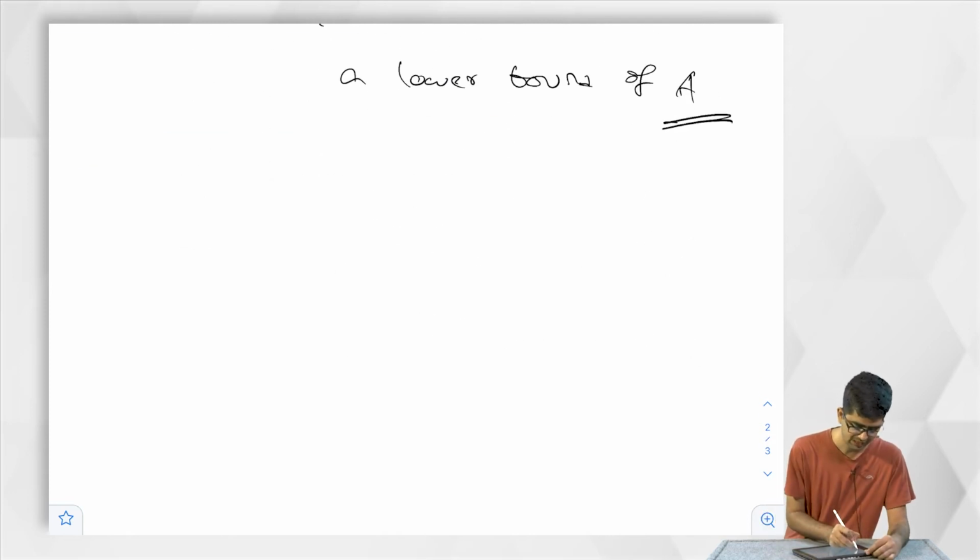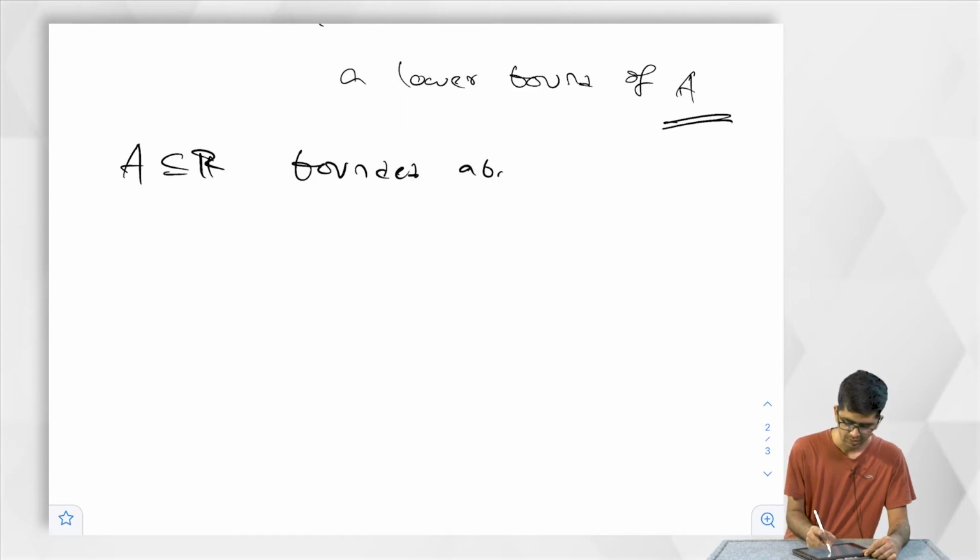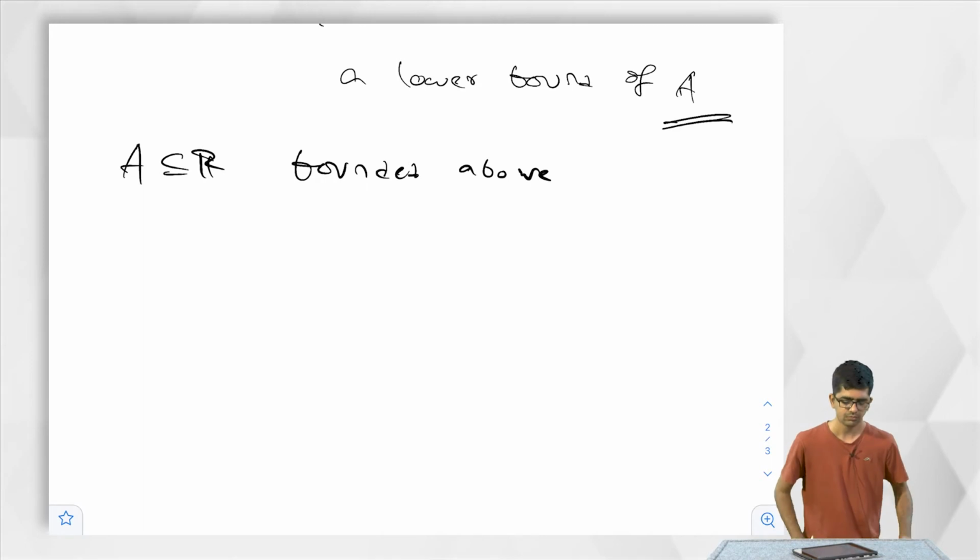So, let us take a subset A of R that is bounded above, say. Now what do we have?